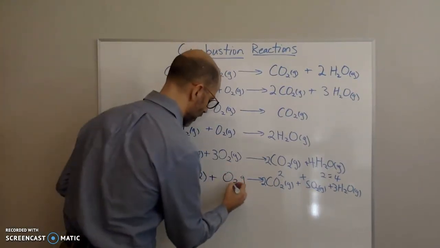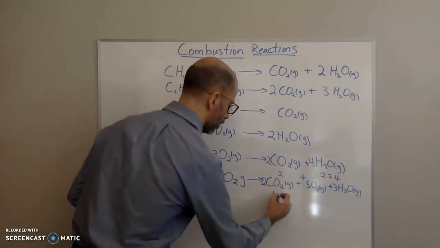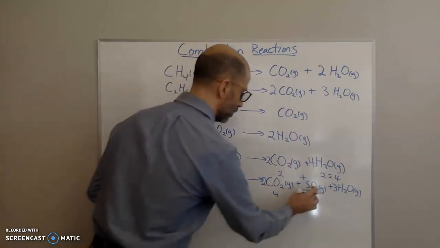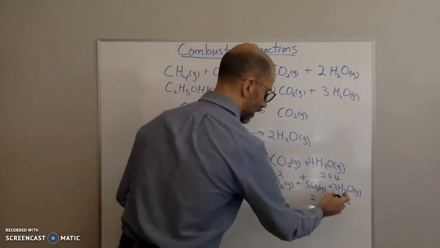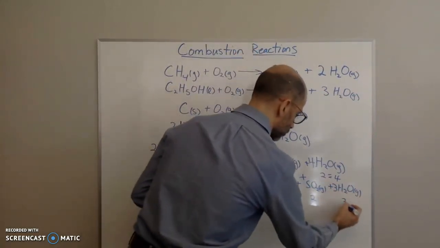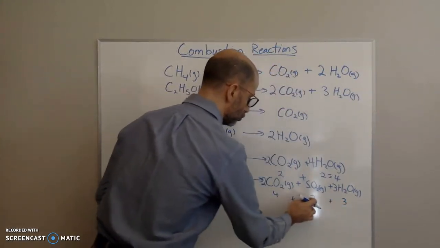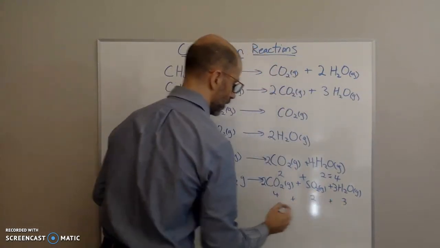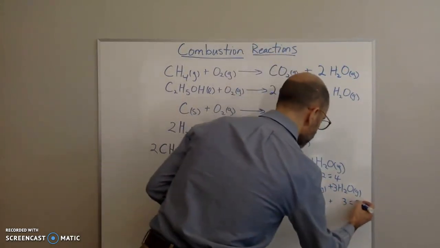So I have 2 oxygens on this side. I have 2 times 2 is 4. I have 4 oxygens here. I have 2 oxygens there. And I have 3 times 1 is 3, so I have 4 plus 2 plus 3 gives me 9.